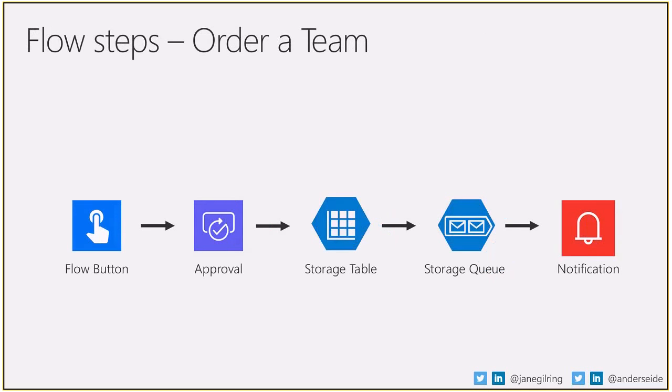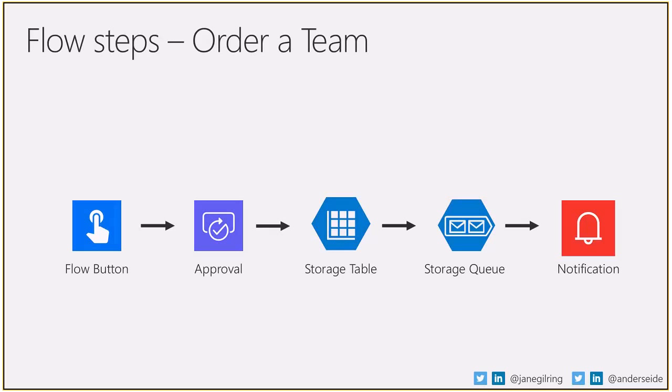If we step through it, you can see that I have a Flow button, which will kick off everything. The Flow button has some inputs, I will show them afterwards. When the user has filled out the form, it will be sent as an approval request to one of those who are responsible for team handling in the organization. If they approve it, the request will be saved to a storage table in Azure and also to a queue.